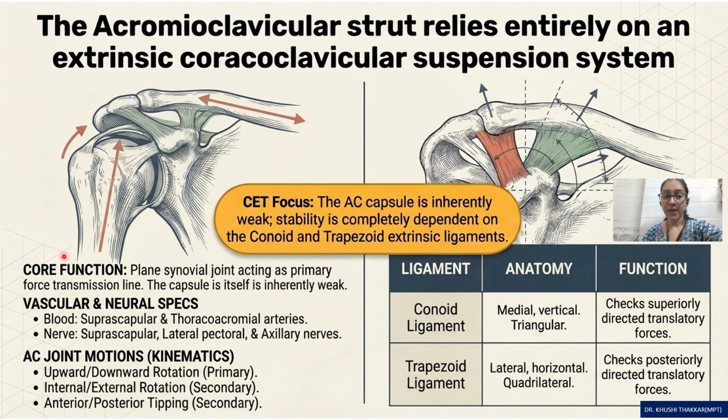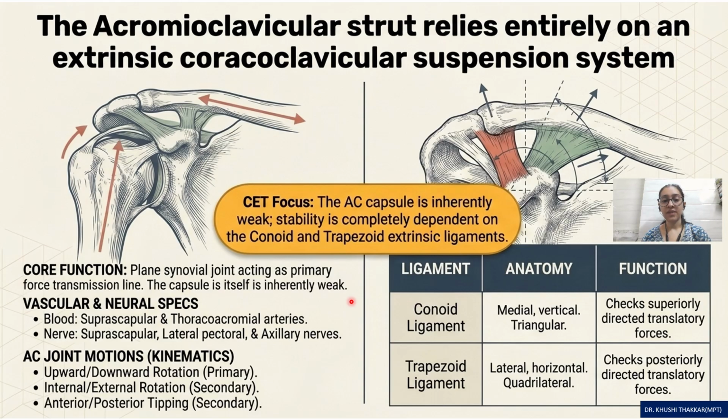So from the appendicular skeleton to the scapula, to the acromioclavicular joint, to the sternoclavicular joint and now the axial skeleton. Now, core function: it is a plain synovial joint acting as a primary force transmission line. Please remember this for your CET and your Viva.